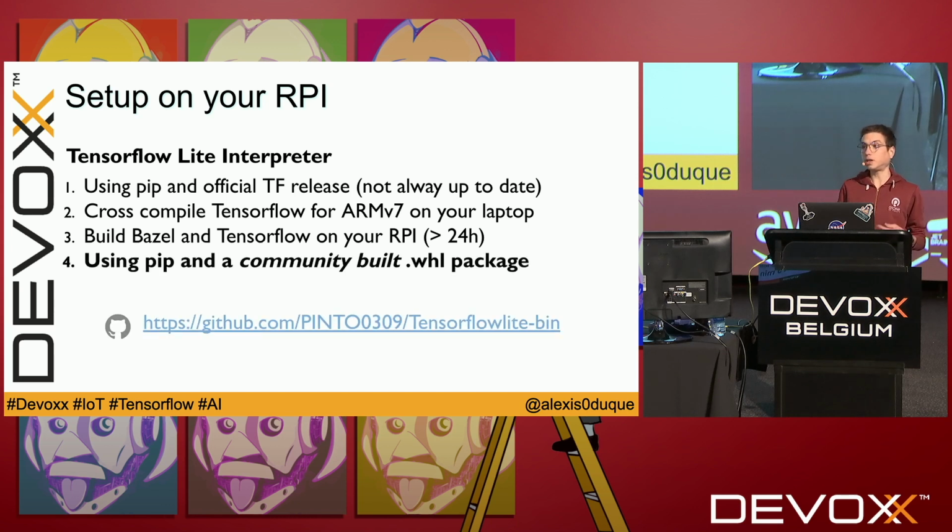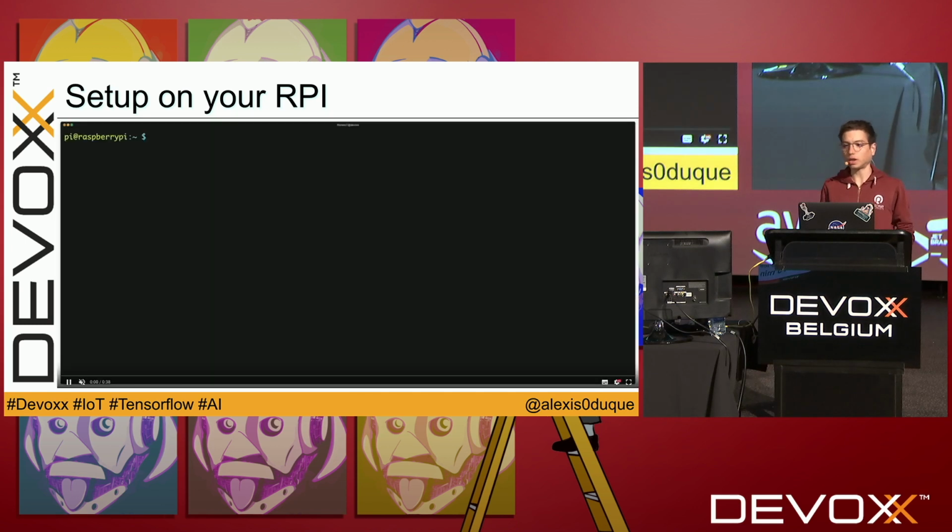The other way that I will show you is to grab a community package that is built by someone and available on GitHub, so you can download it there and deploy it on your device, and you just have to install the package. So that's what I will show you.